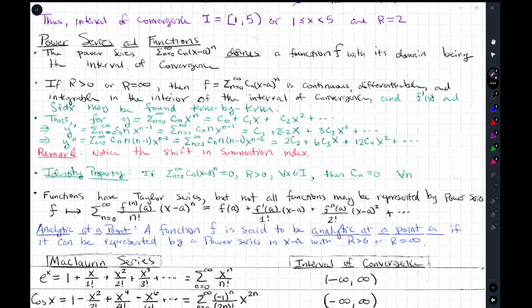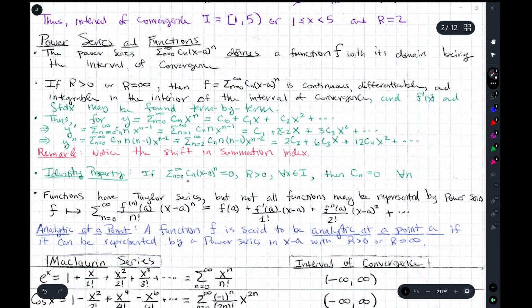But what about the reverse? What if you find that for a given power series, it equals 0 everywhere? Now, can you go reverse and say something about the coefficients of it? It's not a trivial question.